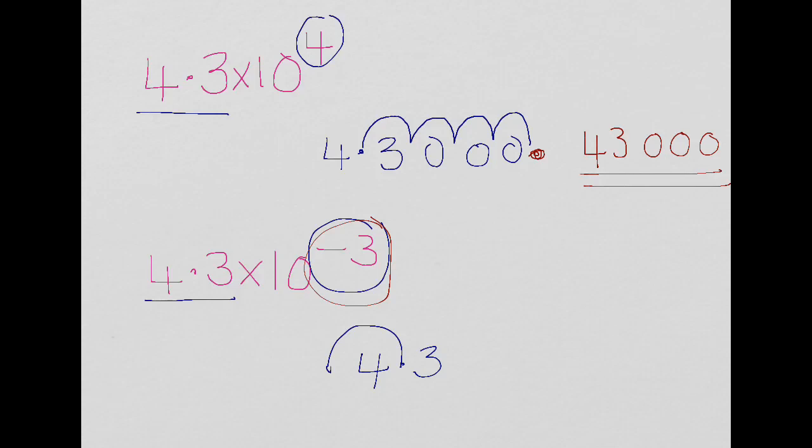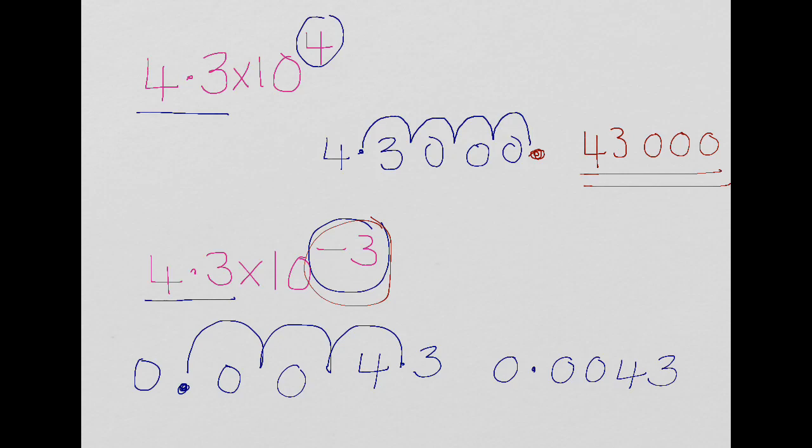I'm dividing by 10 again, it's getting 10 times smaller again. And if you're dividing by 10 a third time, it's getting 10 times smaller again. That's where my decimal point is. And remember, we need to put a 0 in front and zeros there. So my answer is 0.0043. And that's my answer.